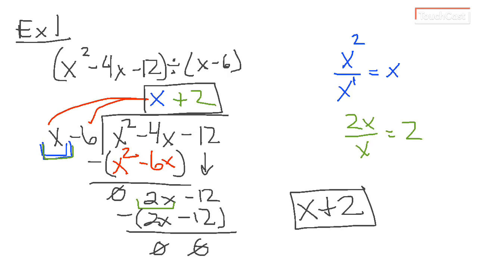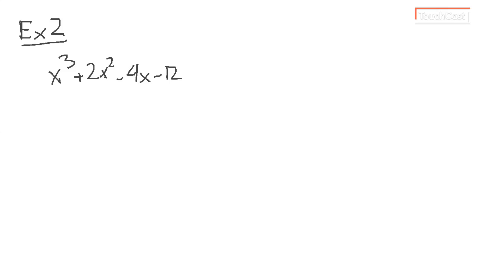So that was an example that had no remainder. Let's check out an example that does have a remainder. So example 2, we're going to take x to the third plus 2x squared minus 4x minus 12, and we're going to divide that by x plus 3.